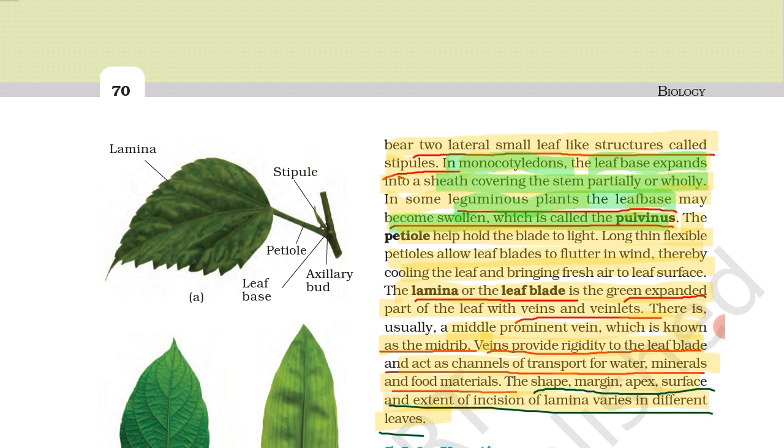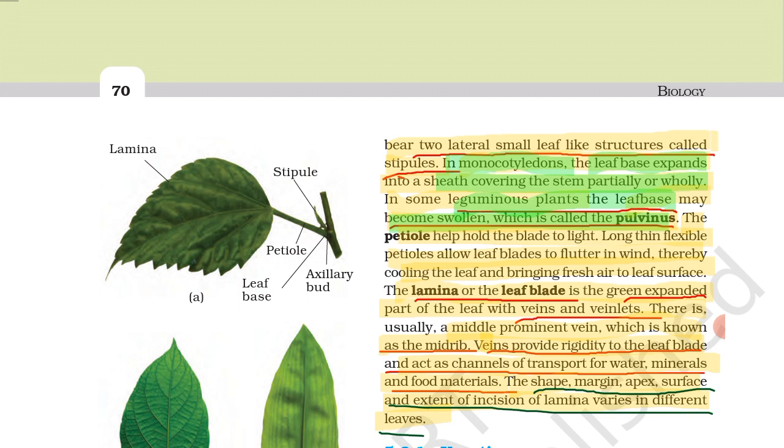Next is the lamina or leaf blade. The lamina is the green expanded part of the leaf with veins and veinlets. The veins and veinlets are shown here, usually with a prominent midrib.